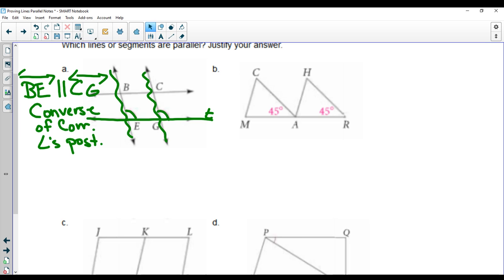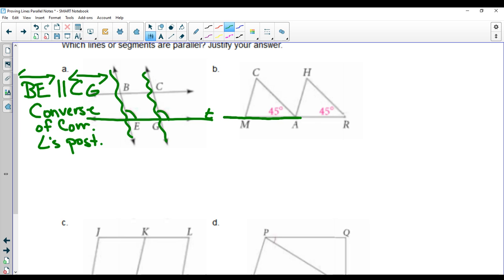Okay? Let's come over here to this. So you're thinking, there ain't no lines or segments here, Mr. T. What's wrong with you? It's just two triangles. Well, remember, you can still extend them a little bit. I think, to me, extending helps me see things.